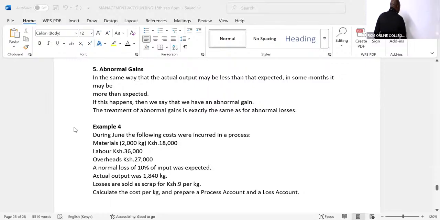So the throughput account is over. Now we have a process account. We have description, units, cost per unit, value.